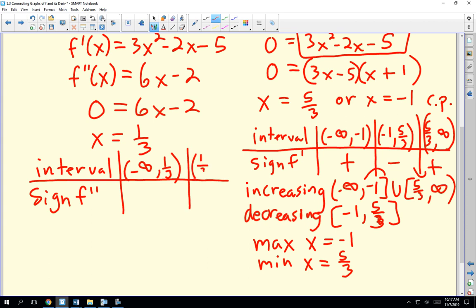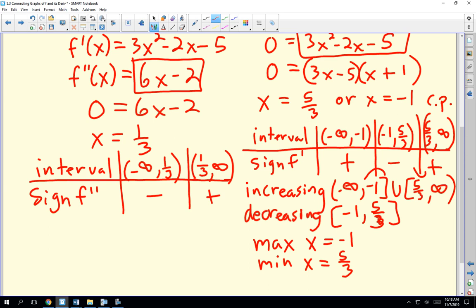And 1/3 to infinity. And we plug in a point. So on that -infinity to 1/3, I would plug in 0. When you're plugging in 0, I'll box it here. You're plugging in 0 there. Isn't that nice? That's pretty nice to plug it into a linear function, right? So plug in 0, you get a negative. And then you could plug in maybe 1 here and you get a positive.